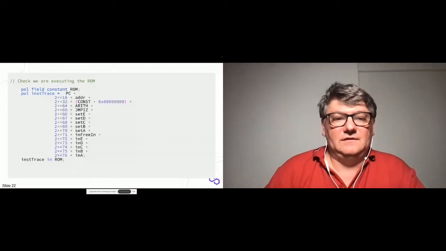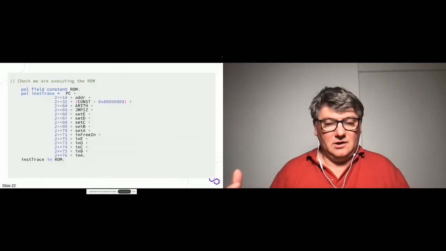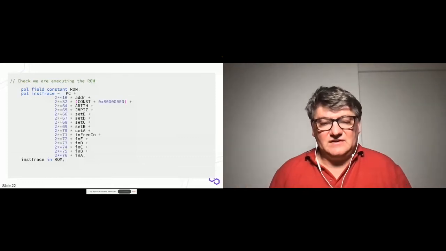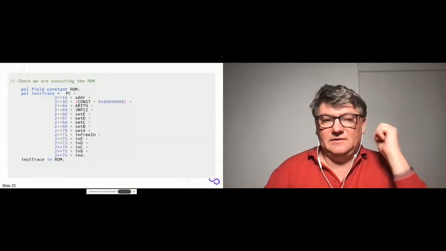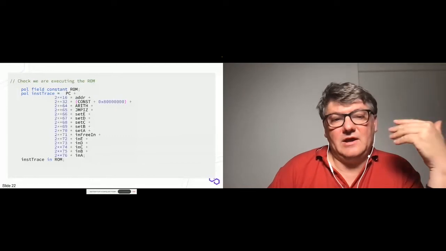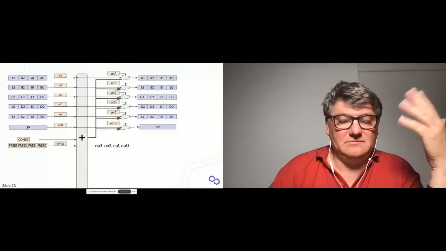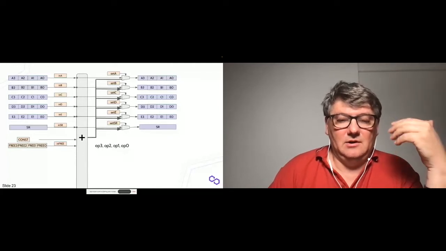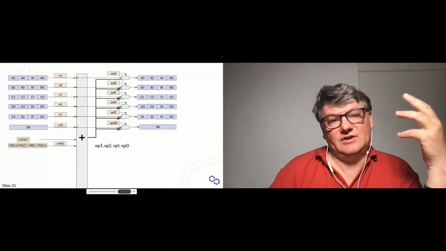Okay, so we know how to build simple state machines, we know how to build more complex state machines, and with this we can build a state machine that's tailor-made for processing Ethereum transactions.